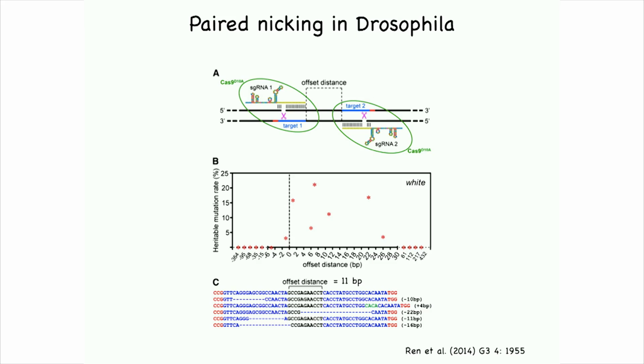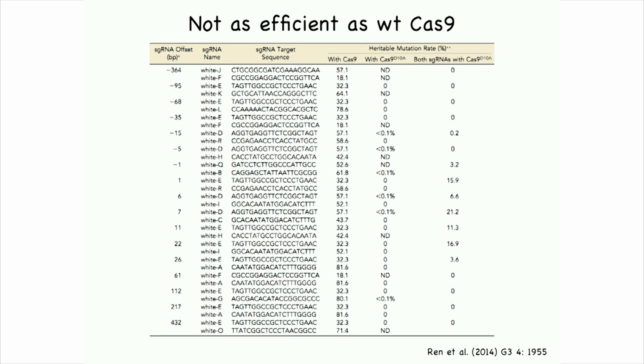And they find, as it was found in mammalian cells, that paired nicking does work, that you get heritable mutations for these separations, the offset distance between the two guide RNAs. You do get mutagenesis by paired nicking. They characterize some of the products, but the efficiency is quite low compared to the individual guides with wild-type Cas9.